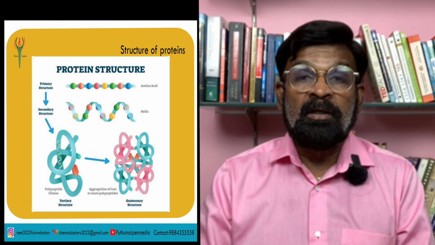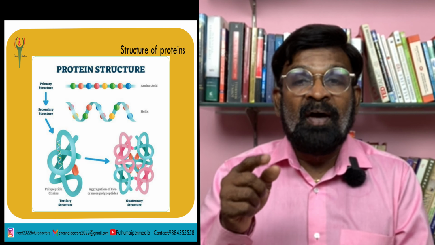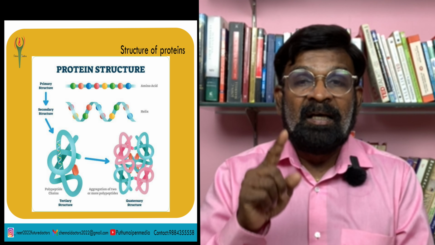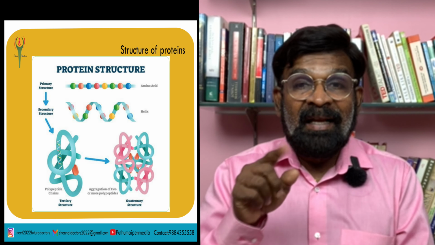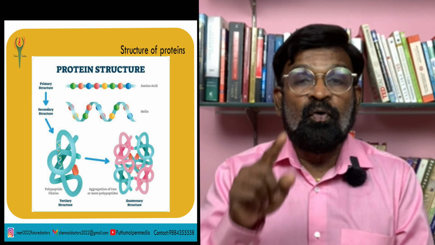Next is the secondary structure. The thread of the primary protein is folded in the form of a helix. This is stabilized by hydrogen bonds between the oxygen of the carboxyl group of one amino acid residue and the NH group of the next fourth amino acid residue.